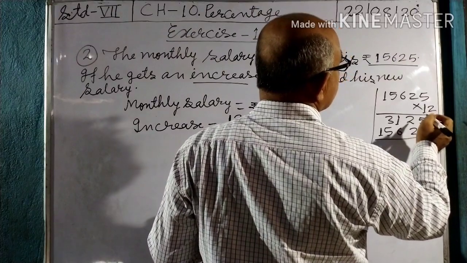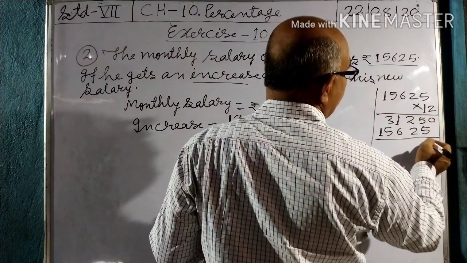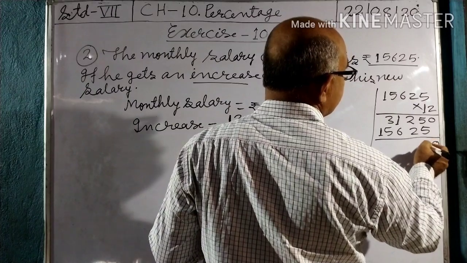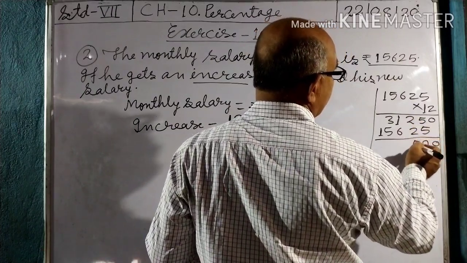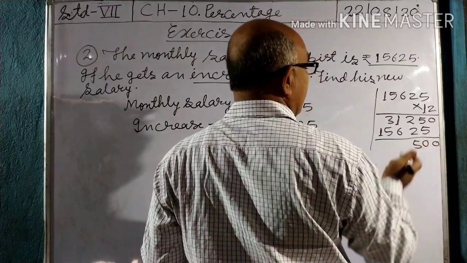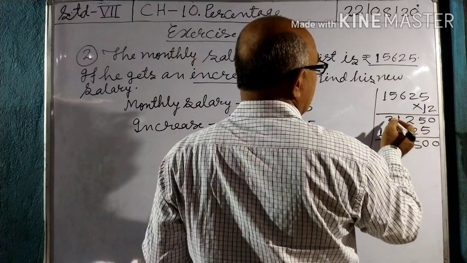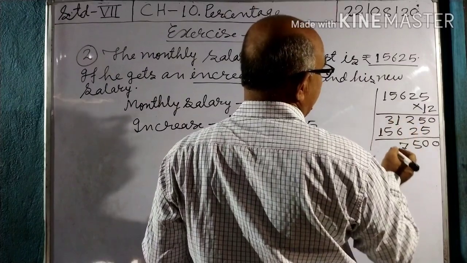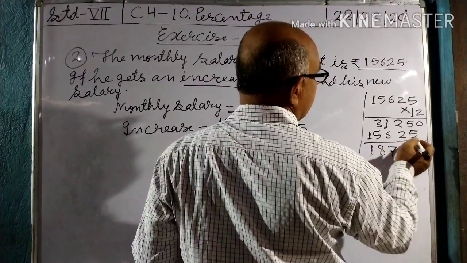Now add it. 0, 5 plus 5, 10, 2 plus 2, 5, carry 1, 2 plus 2, 4, carry 1, 5, 6 plus 1, 7, 5 plus 3, 8, and 1.